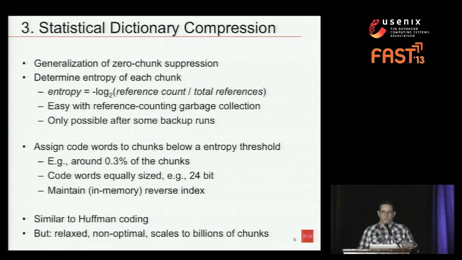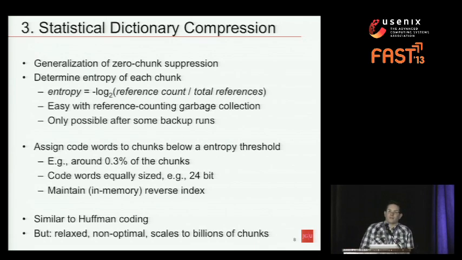We configured it, for example, in the evaluation so that around 0.3% of the chunks receive a code word. This means that we can have code words around 24 bits in size, and for the reverse lookup, we maintain an in-memory reverse index that points from the code word to the fingerprint.